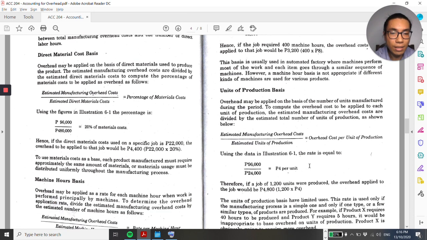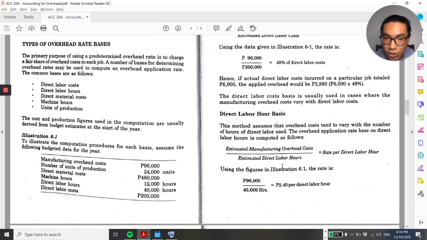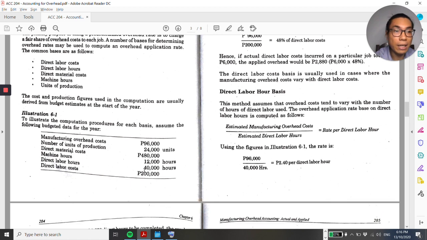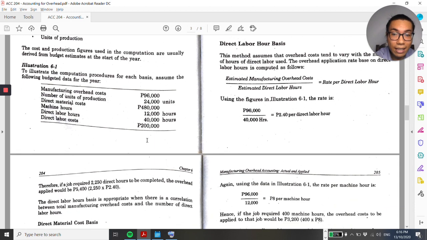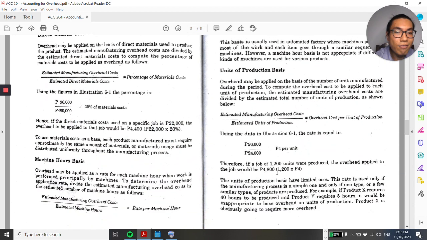So using the same illustration, overhead cost is 96,000. Total output is 24,000 units. And to get the predetermined overhead rate, we'll divide this 24,000 units to 96,000 and we'll have 4 pesos per unit of production as a predetermined overhead rate natin.